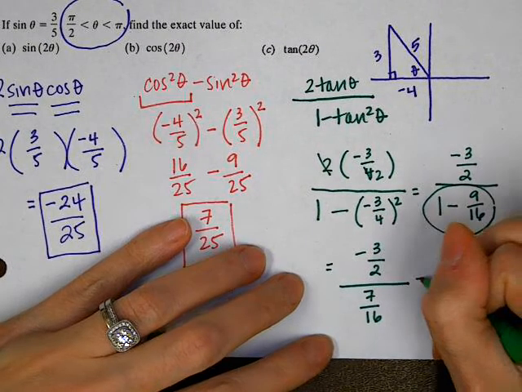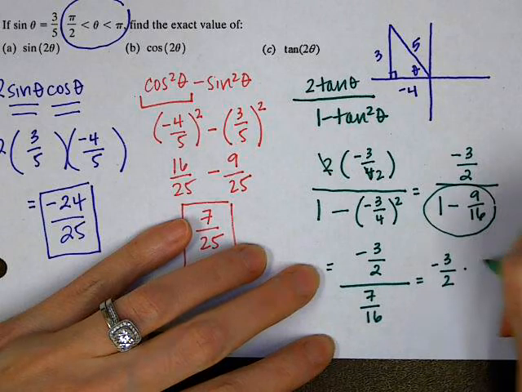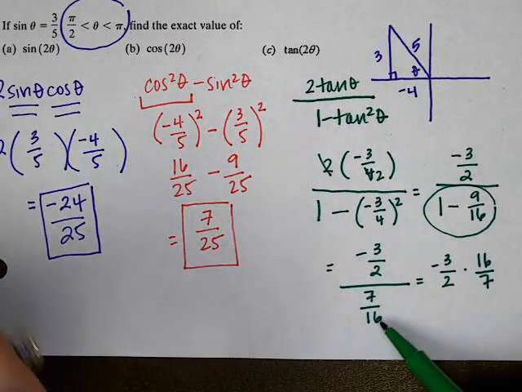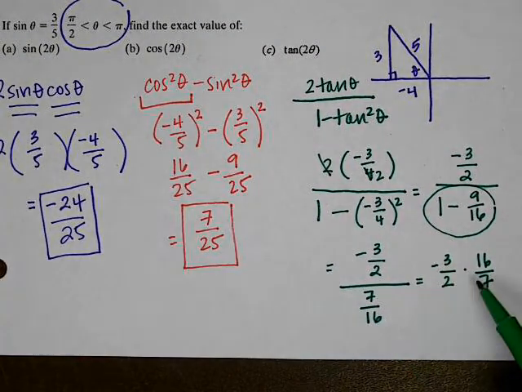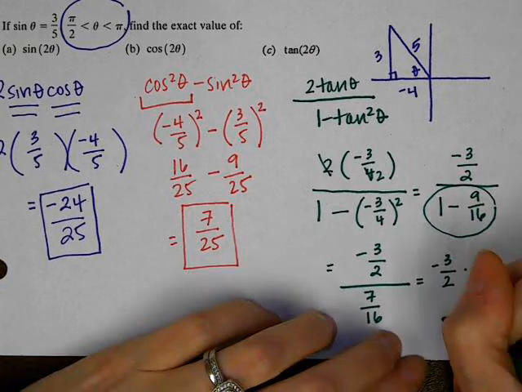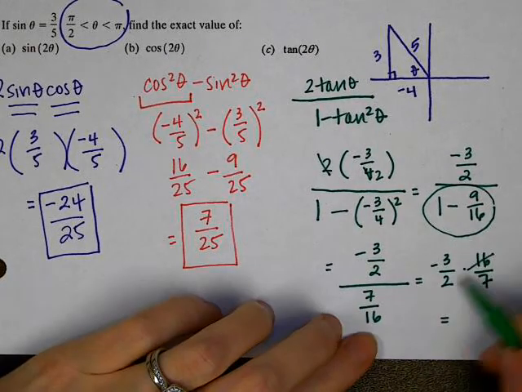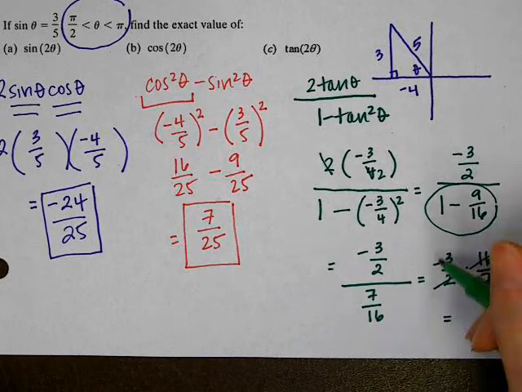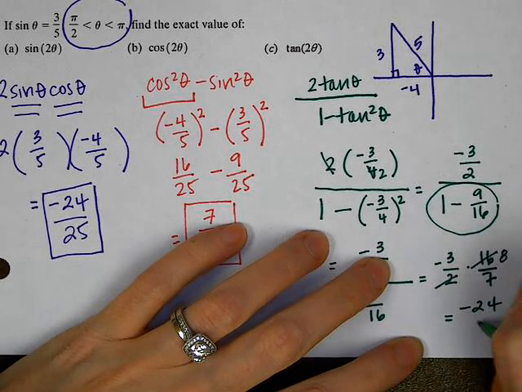But then dividing is the same as multiplying by the reciprocal. So instead of dividing by 7/16, we're going to multiply by 16/7. And then if we simplify that, these cross reduce to 8, and that ends up being -24/7.